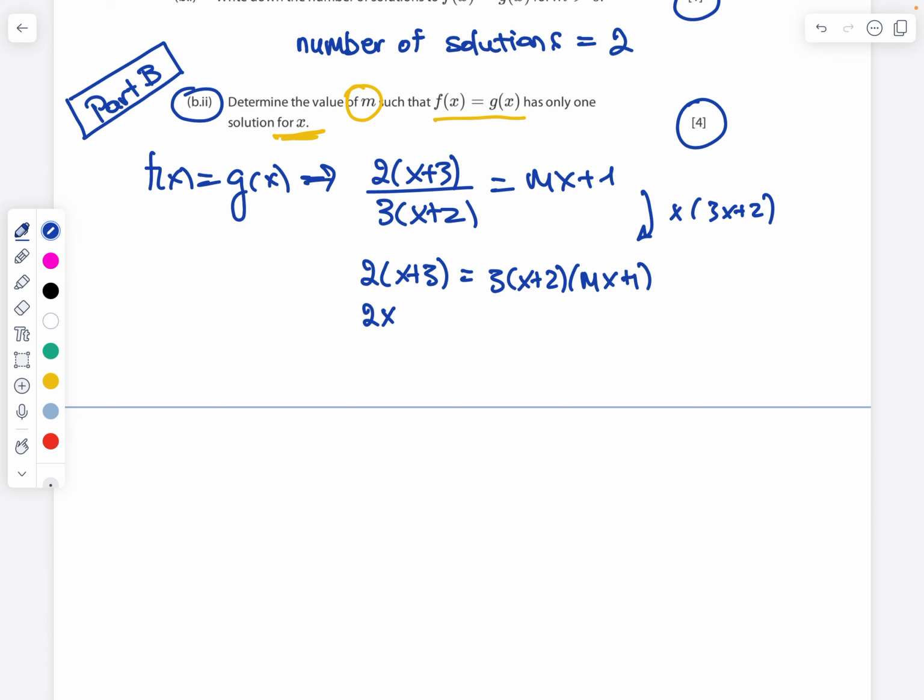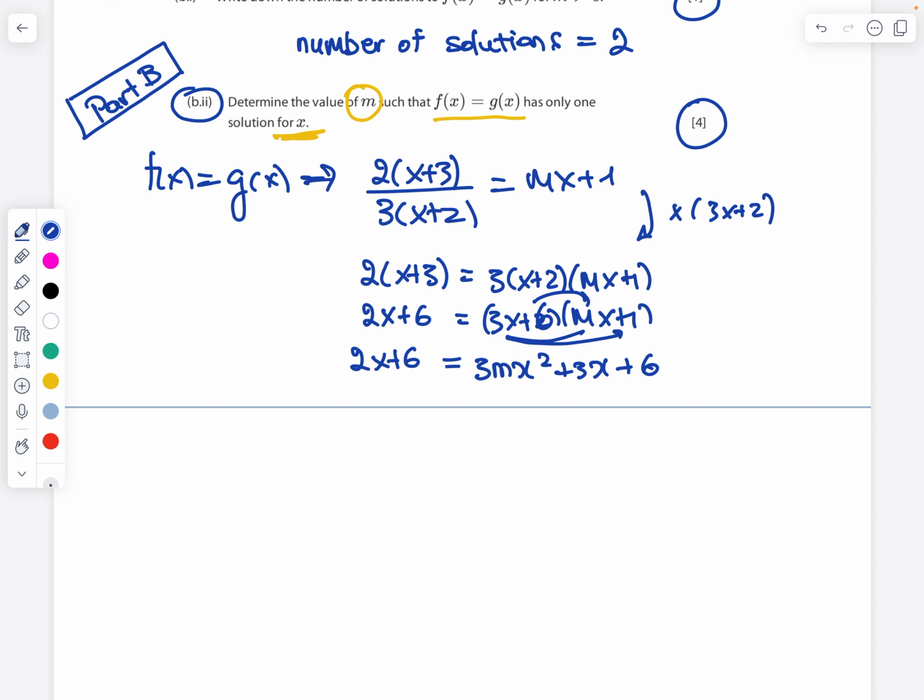Let's expand the brackets here, and let's do the same on the other side. 2x plus 6 on the left-hand side, and on the right-hand side, that's going to become 3mx squared, and then 3x times 1 is plus 3x, plus 6mx, and then plus 2. Cross out the 6 from each side and bring everything to the left-hand side.